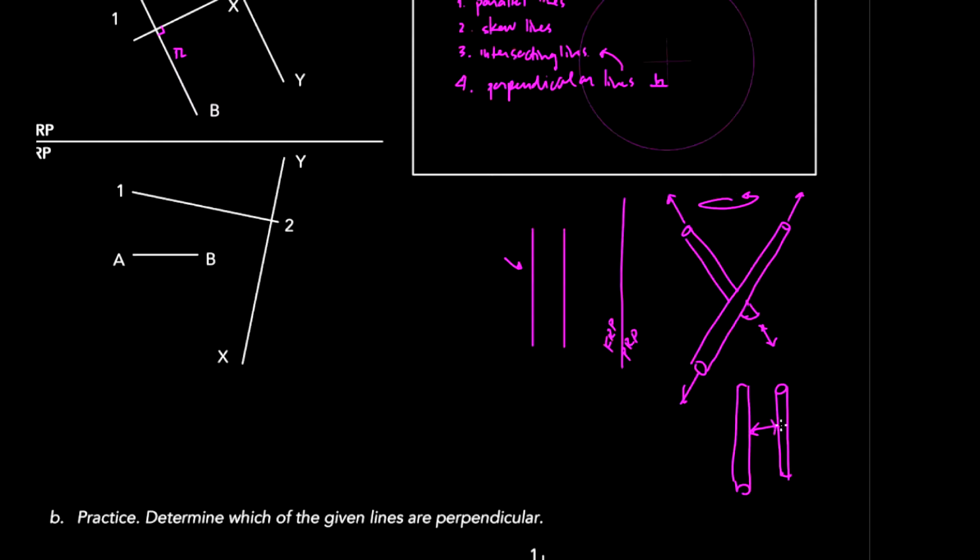Kunwari, ipupush ko to isang line papunta dyan such that mag-intersect na sila. If I force their intersection and tiningnan ko kung ano yung angle na na-form nila, para ganyan. Nilapit ko silang dalawa, tapos tiningnan ko, and if I see na yung relationship nila is 90 degrees, then I can say perpendicular sila despite them not being intersecting.